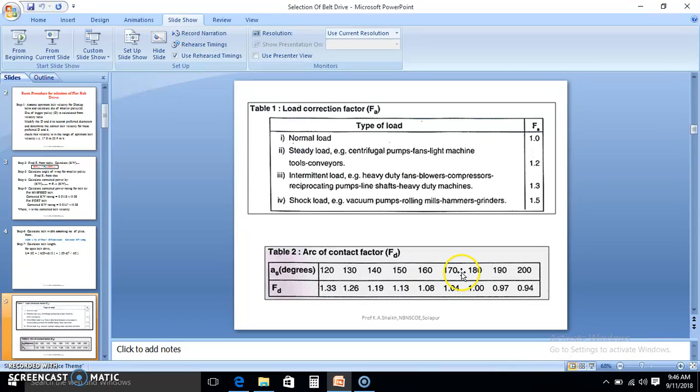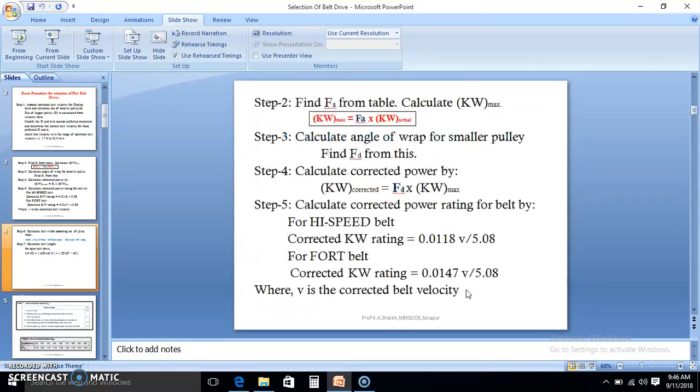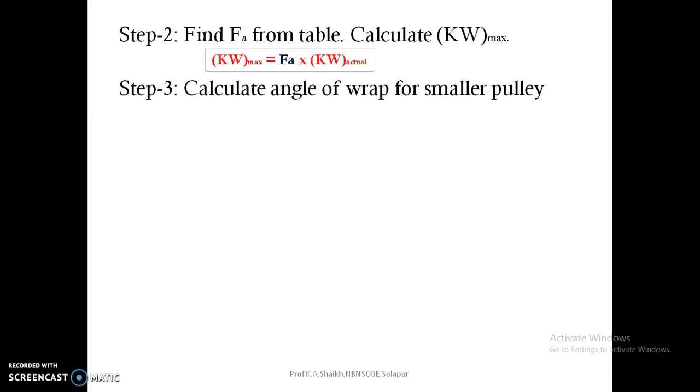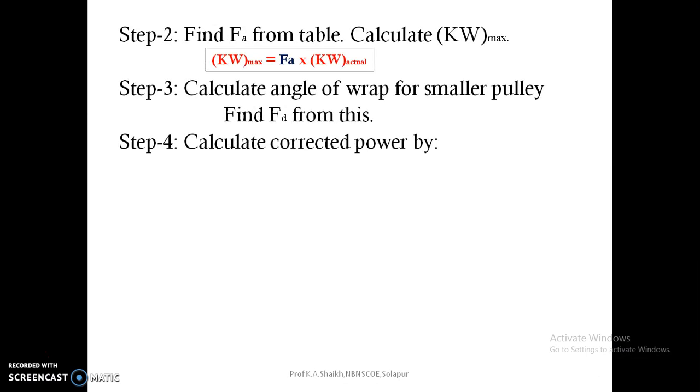As 175 is not given, it is the middle of 170 and 180. So the middle of 1.04 and 1.00 will be 1.02. So selecting FD as 1.02, after calculation of FD, now multiply the maximum kilowatt with this value of FD.